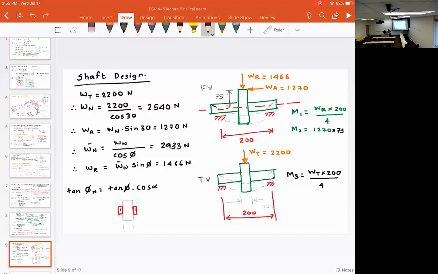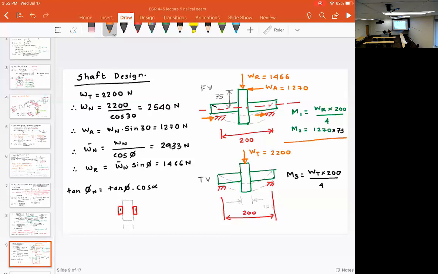Now, WA, if I were to find the reactions, do you agree with me? The WA will be supported by the reactions like this. Agreed? They would be, because WA is in the axial direction, so the reactions have to be axial. So the moment given by WA will actually get added.